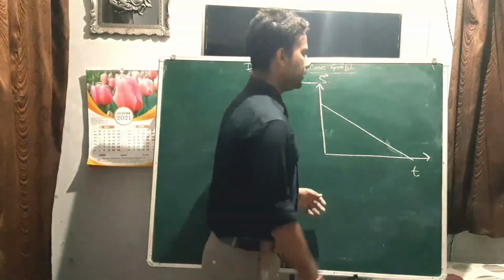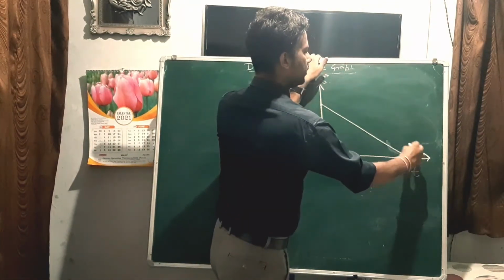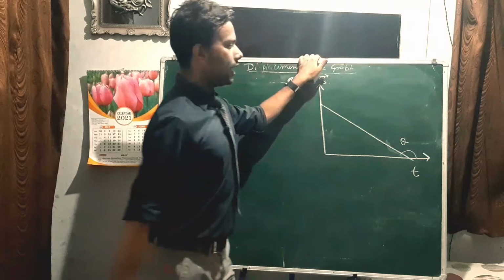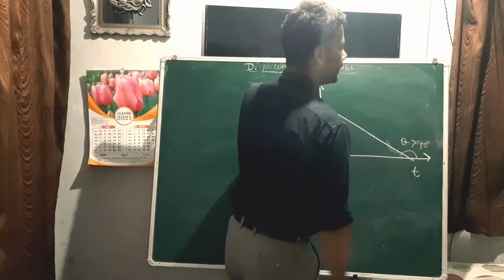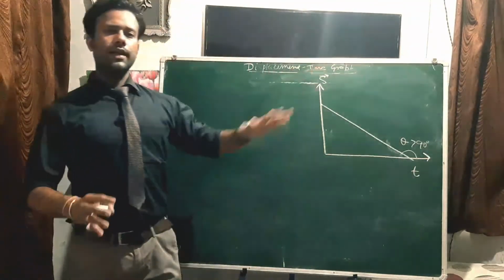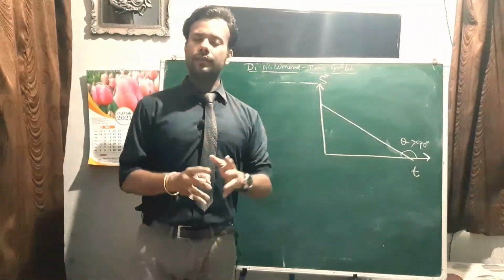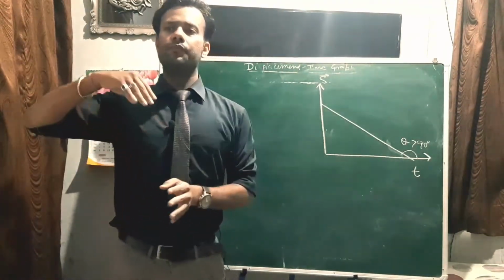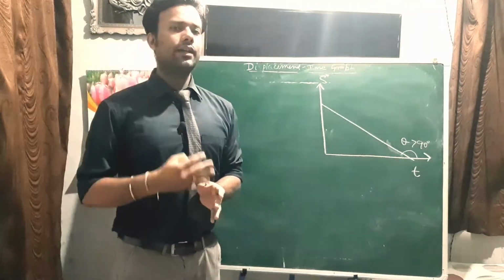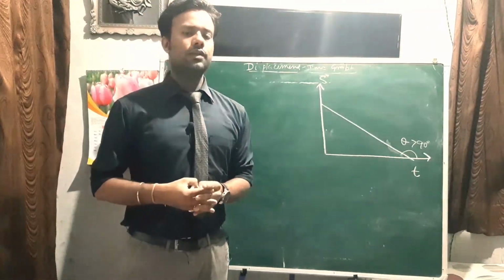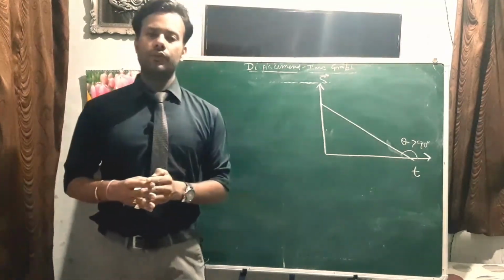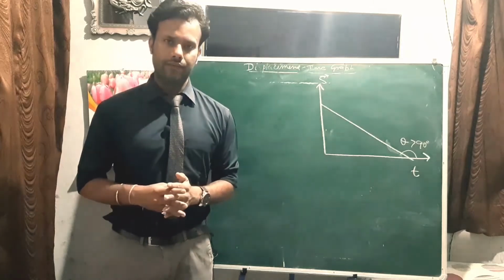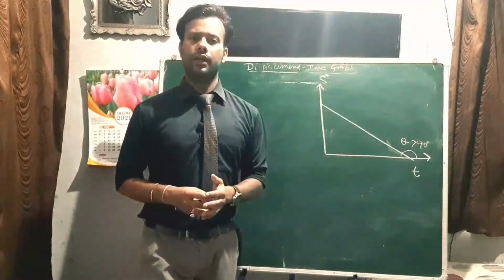And you can see the angle between the x-axis and the line is more than 90 degrees. So if you check your trigonometrical table, the value of tan above 90 degrees is negative. That means the slope of the graph is negative here.